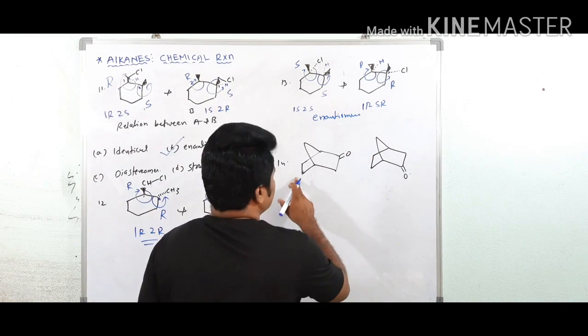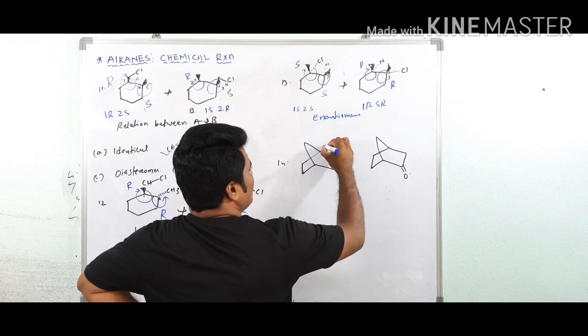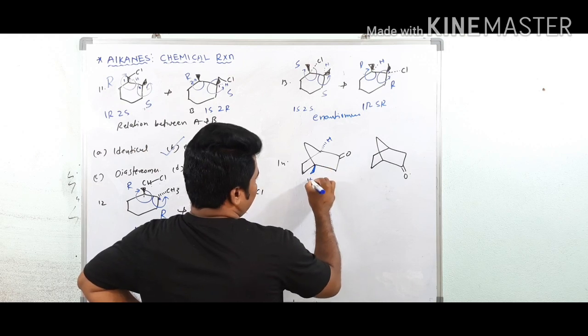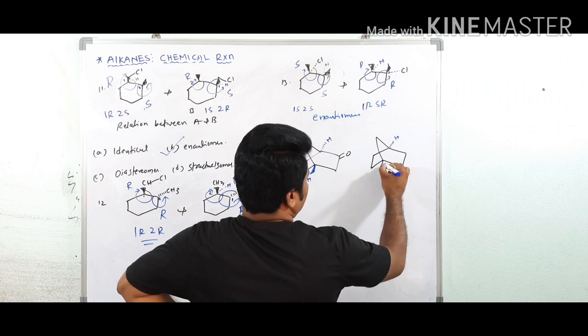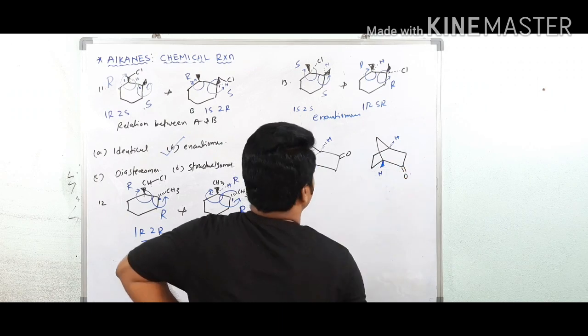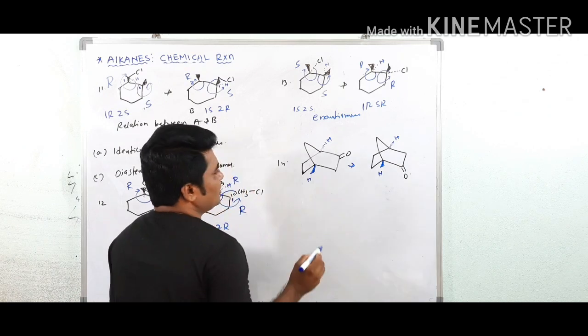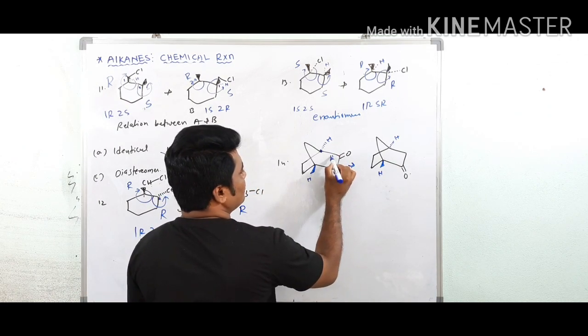Okay, the next. This is one ring structure. Here the hydrogen is on the ring. This is below the plane, and here this hydrogen is above the plane. So we have to find the relationship between these two. At this carbon atom, higher priority goes here, 1.